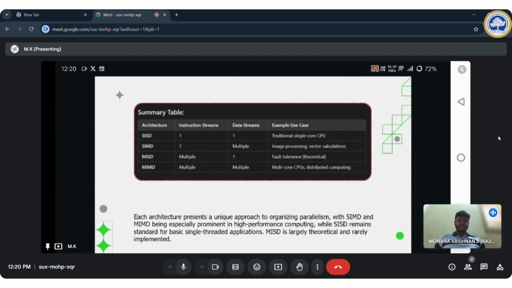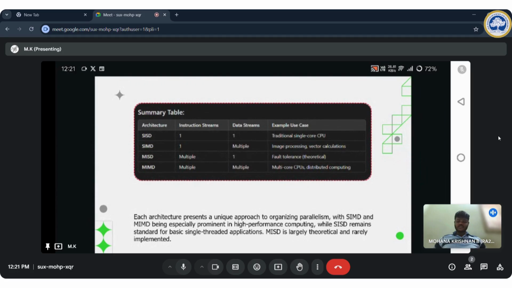Example: image processing, vector processors. MISD: instruction stream multiple, data stream is one. Example: fault tolerance, theoretical. Next, MIMD: instruction stream is multiple, data stream is also multiple. Example: multi-core CPUs, distributed computing.